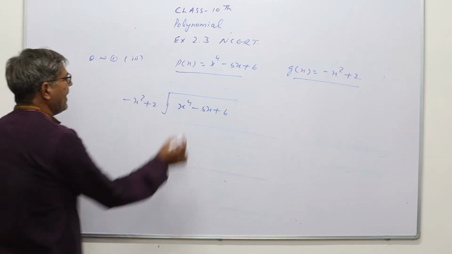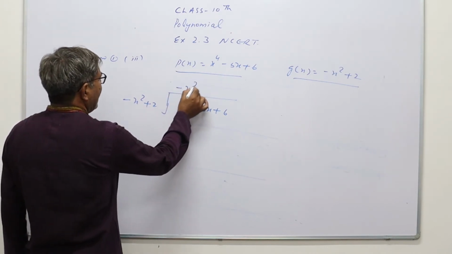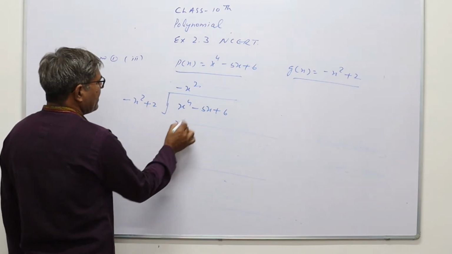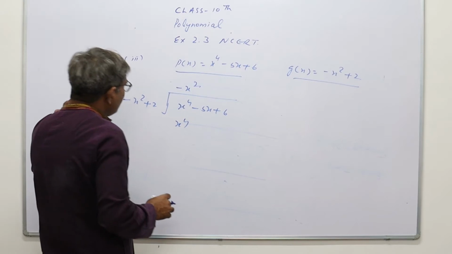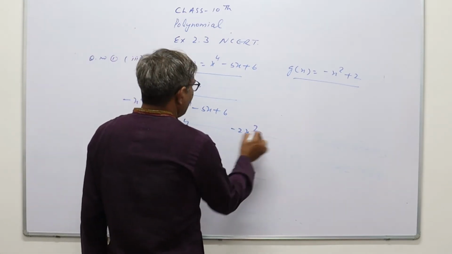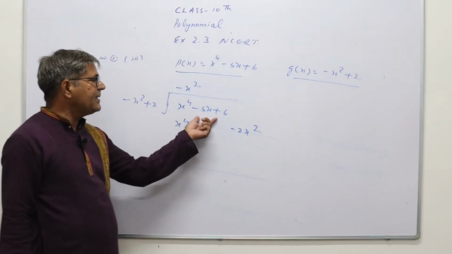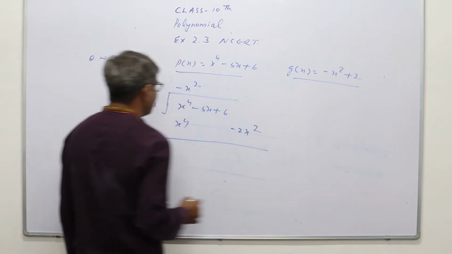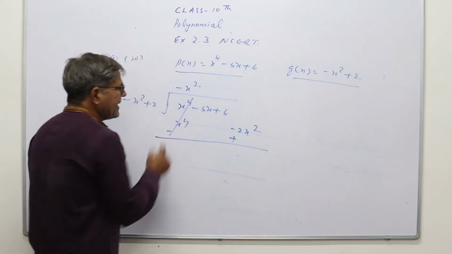So if we multiply by minus x square, then minus x square into x square gives minus x power 4, and minus x square into plus 2 is minus 2x square. We will write it separately because in the given polynomial p(x), the x square term does not exist. Now for subtraction, change the sign, so minus and plus. This will cancel out.